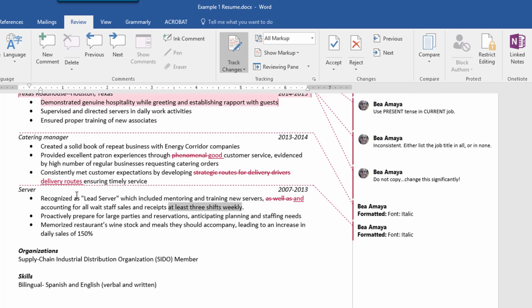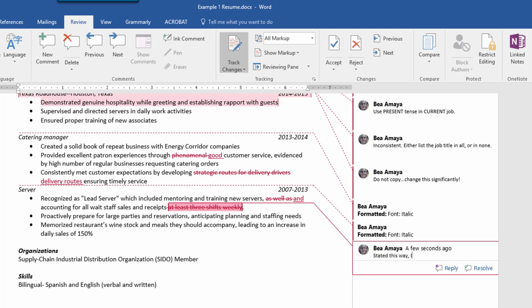You know what? I would delete that, and here's why. Let me give him a note. Stated this way, I read this as a negative. In other words, he only received 3 times per week.